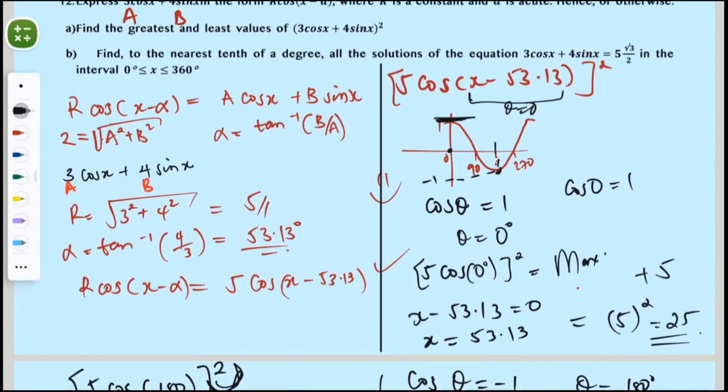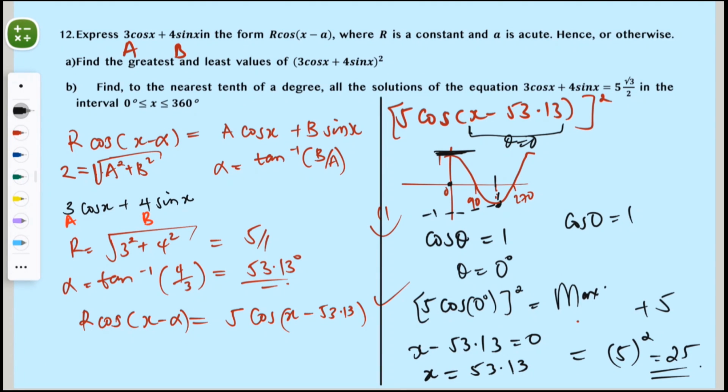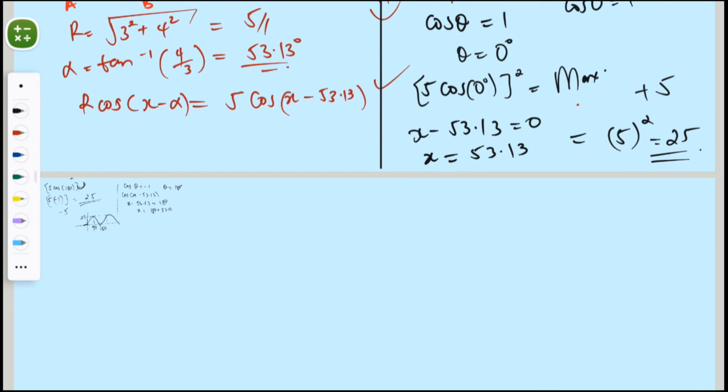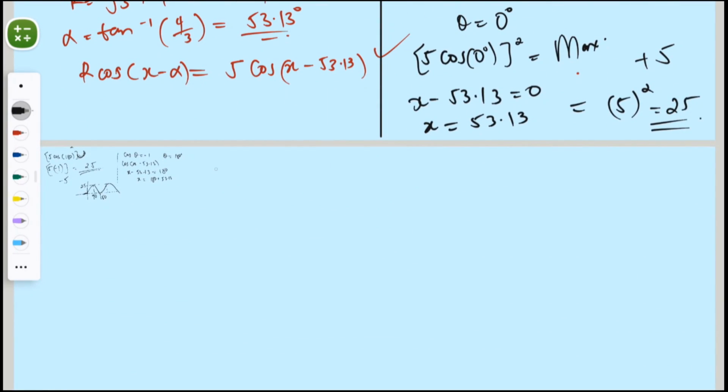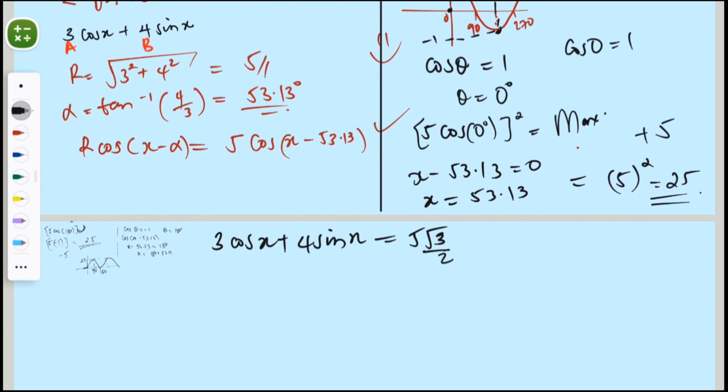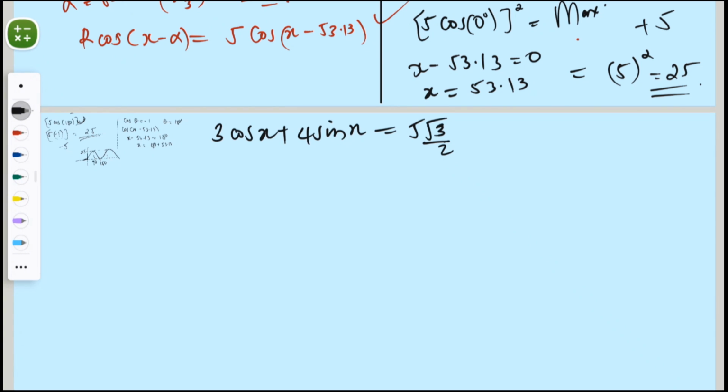So the next part of the question says find, to the nearest degree, all the solutions of this in the interval. Okay, so the solutions of 3 cos x plus 4 sin x equals 5√3/2. Okay, so I'm just going to replace this with its equivalent right here.